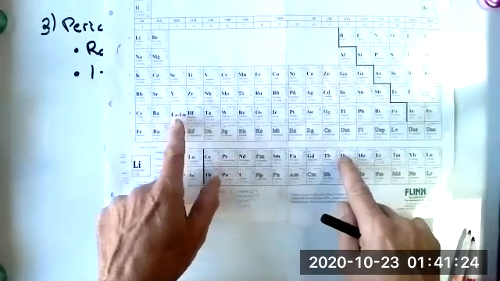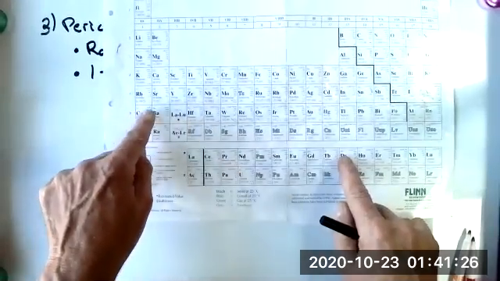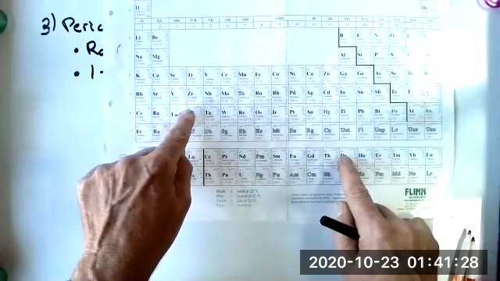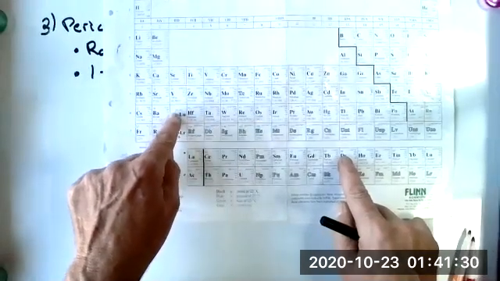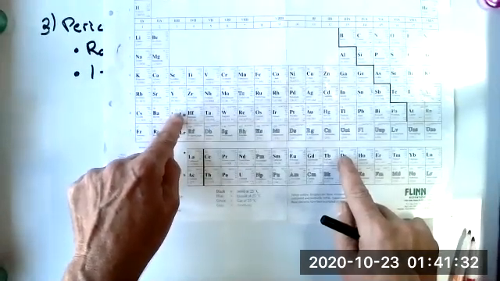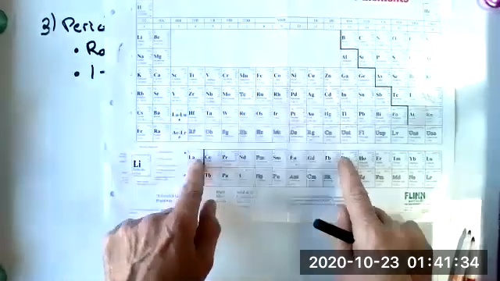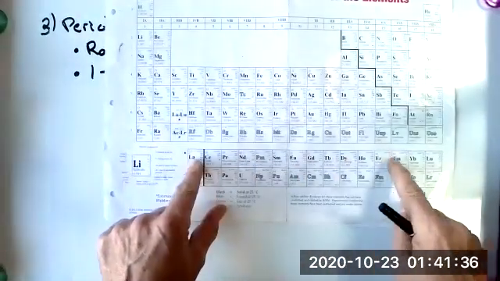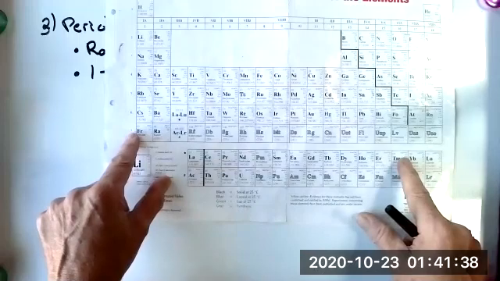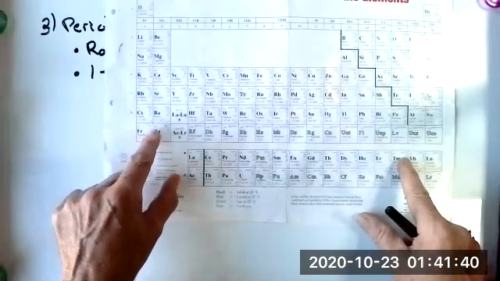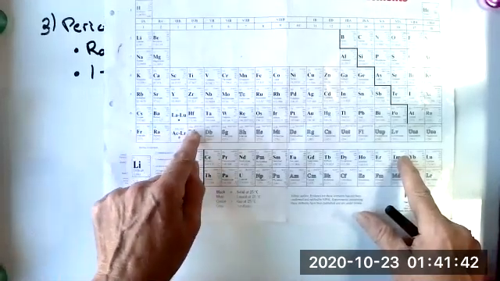Because if you look at these numbers, 55, 56, 72, yeah, well, the big chunk has been removed and is actually down here. And then if you look right here, you go 87, 88, 104?